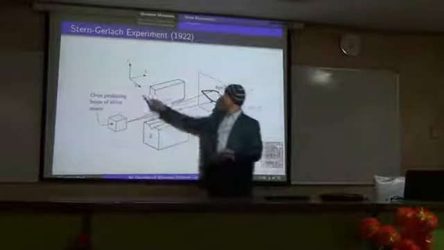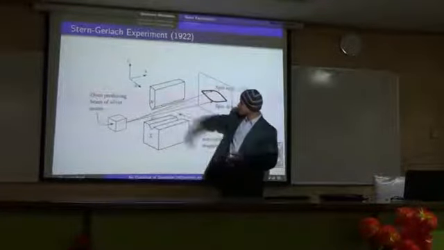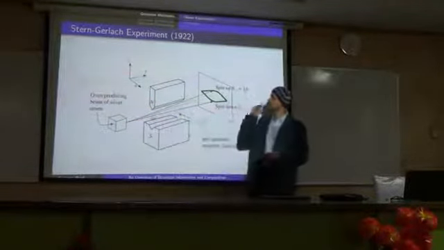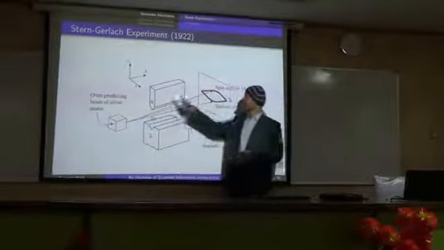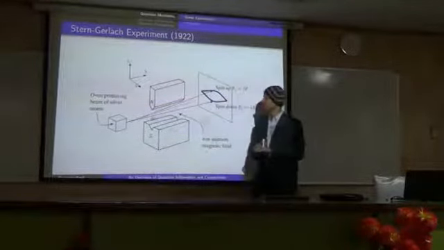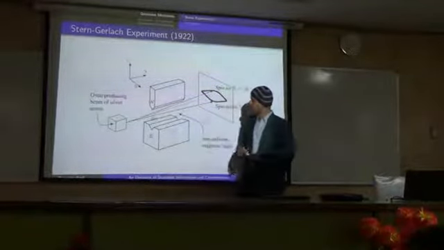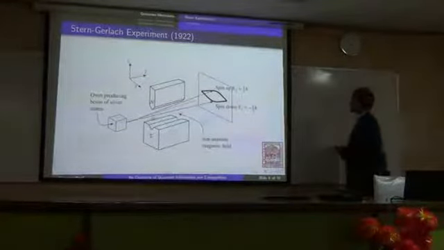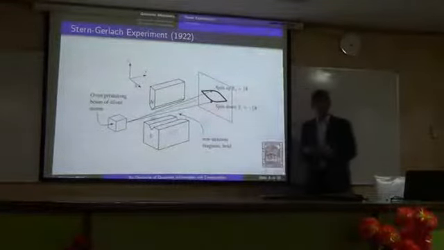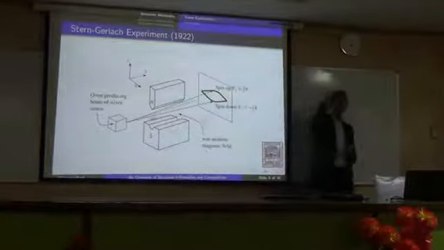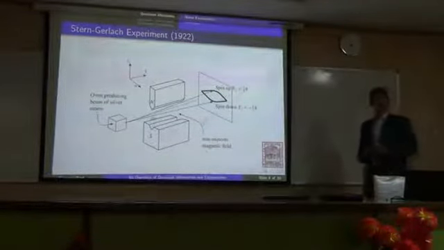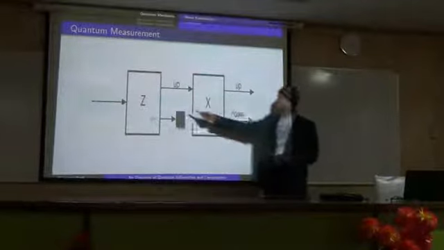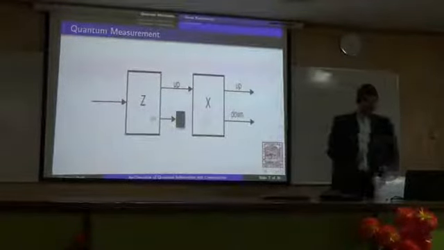In the room, say the x direction is from N to S, the y direction is the direction in which the silver atoms travel from the source to the destination, and the z direction is perpendicular to both the x direction and the y direction. In that case, this kind of deflection measures whether the atom is going in the plus z direction or the minus z direction. That property we call measuring the spin in the z direction. It will be either up or down.